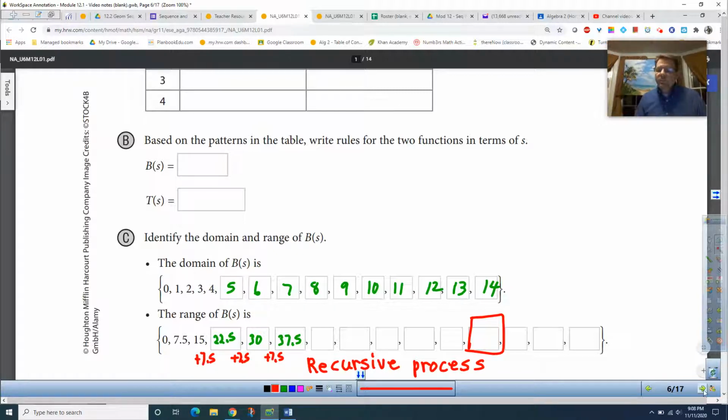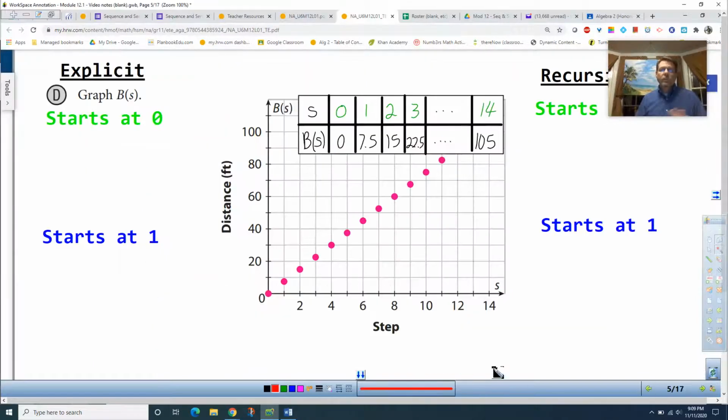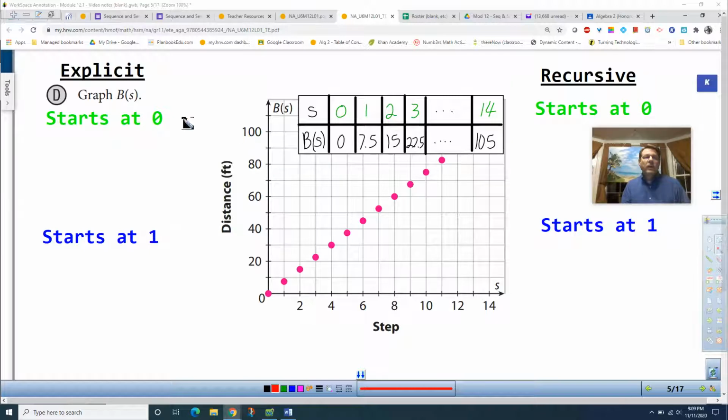So now let's jump over here. What we're going to do is plot those points. I apologize, I jumped ahead of myself. So here's the chart that you would have: 0, 0; 1, 7.5; 2, 15; 3, 22.5; and then you continue going through that.